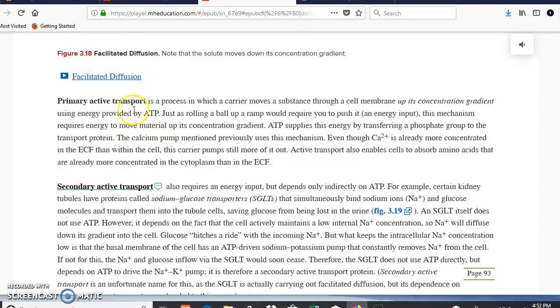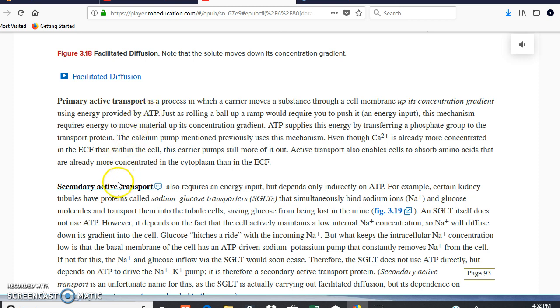So primary active transport is an active transportation because it uses ATP, but in this case, it goes against the concentration gradient. Remember, we always say from high to low. Well, in a lot of circumstances, it's going to be done from low to high, but that is only if we are going to use ATP. In other words, if we use energy to achieve that purpose, which is moving things from low to high levels.